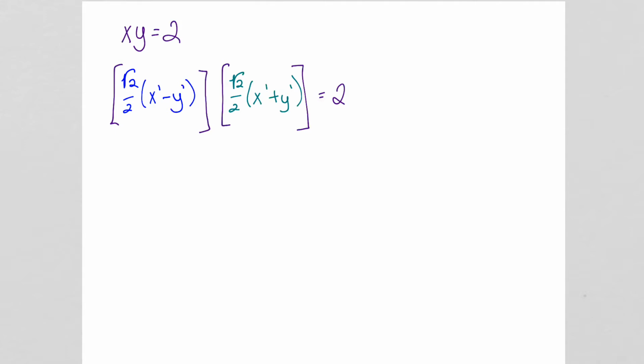So starting out, the best thing to do here would be to take our root 2 over 2 and our root 2 over 2. Those are being multiplied, so let's go ahead and multiply them. That would give us 2/4. So we have 2/4 times x prime minus y prime times x prime plus y prime equals 2.